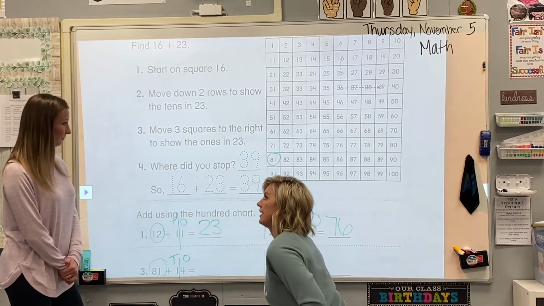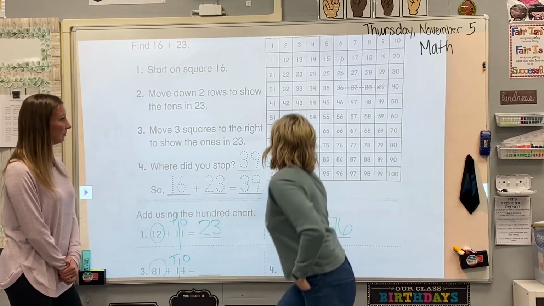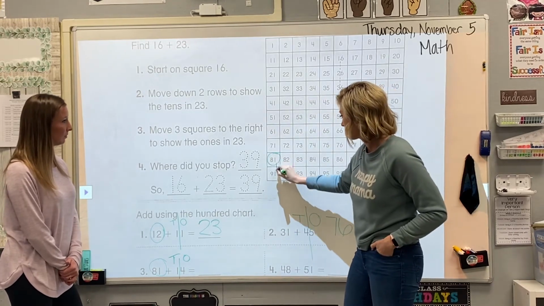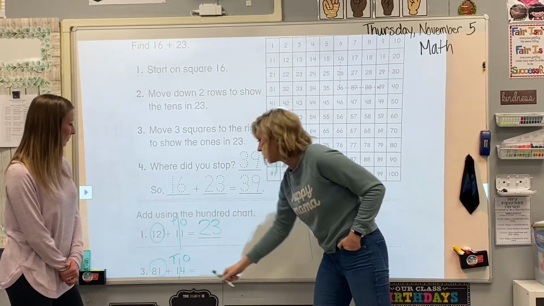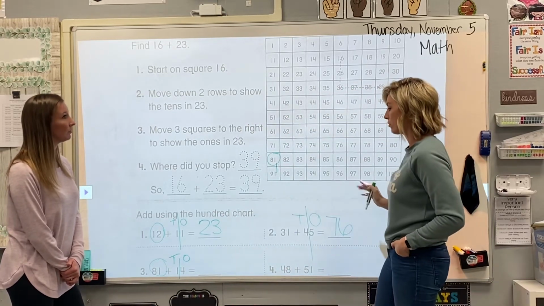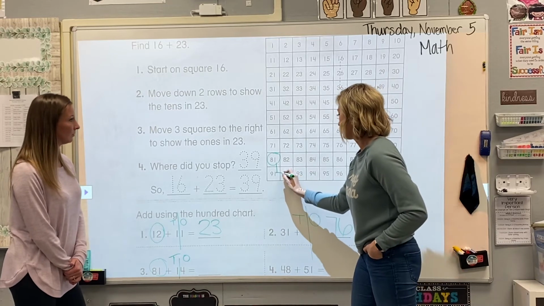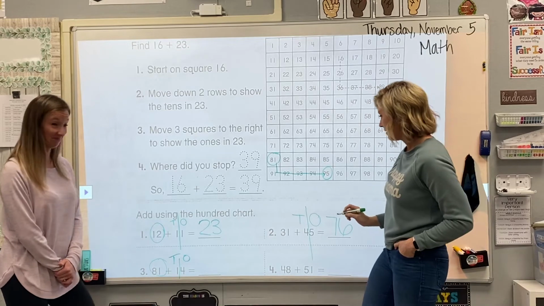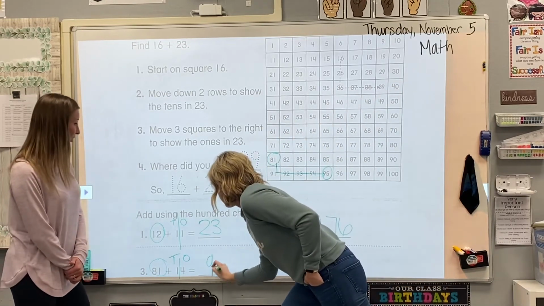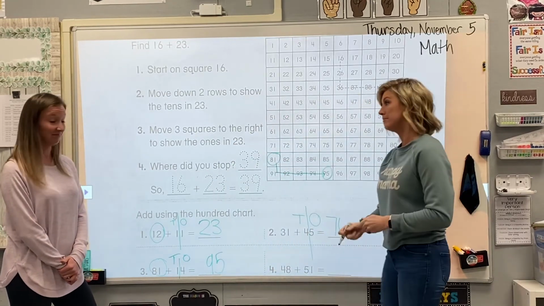So that means I'm only going to go down 1 row. Exactly. So I'm going to drop down 1, draw a line down 1 row. And then my 1s column, I have 4 1s. That tells me how many spaces to move to the right. So I'm going to move 4 spaces. 1, 2, 3, 4, and I end up at 95. Great job. Good teaching.